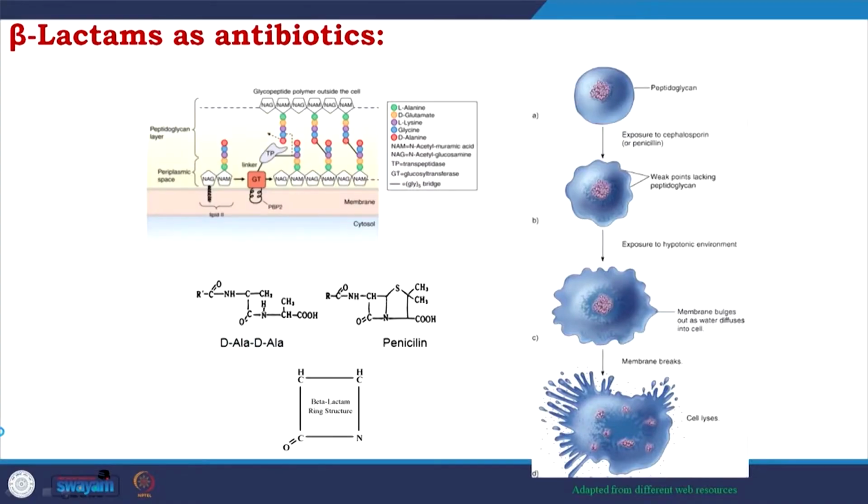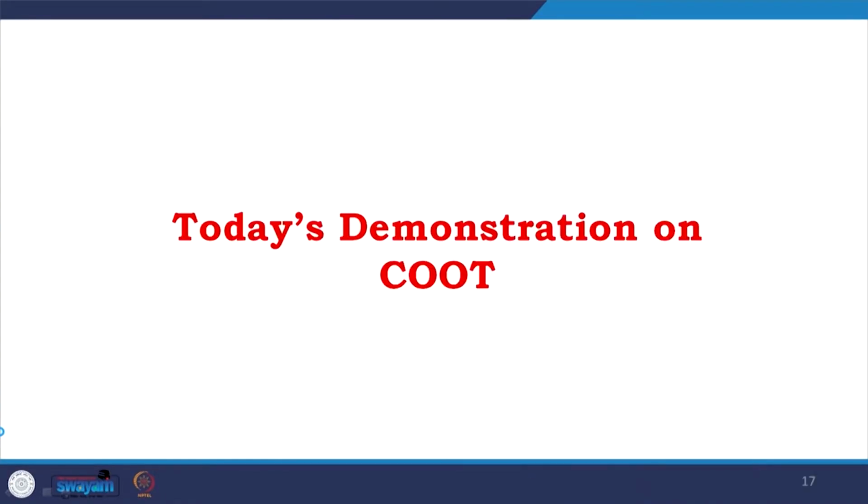So, in today's demonstration, I would talk about protein ligand interaction. But what I did, I tried to make it a story, so that in addition to looking at how I am using COOT, you could also understand how science could be done.